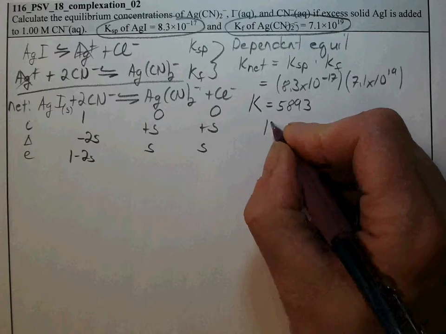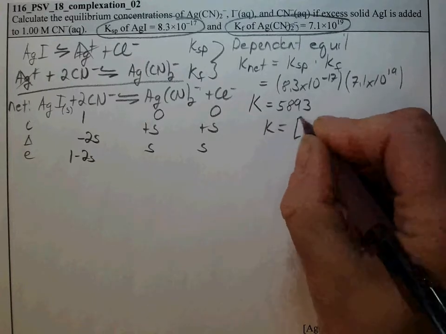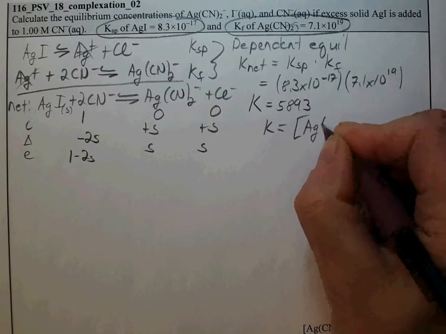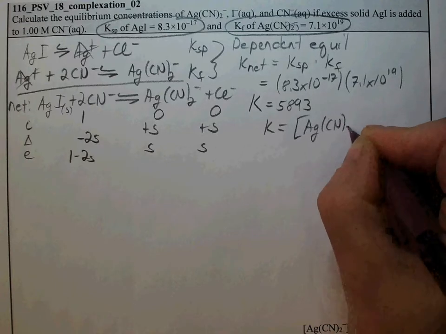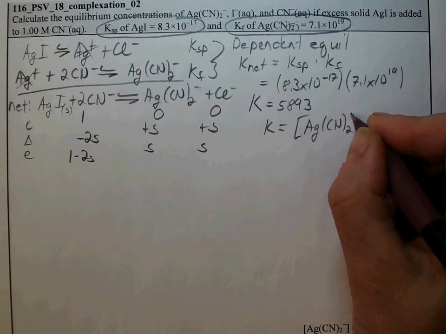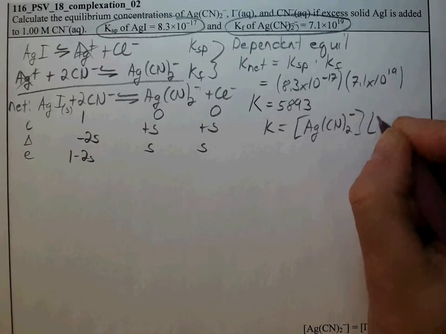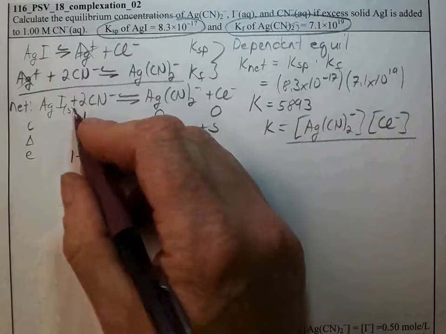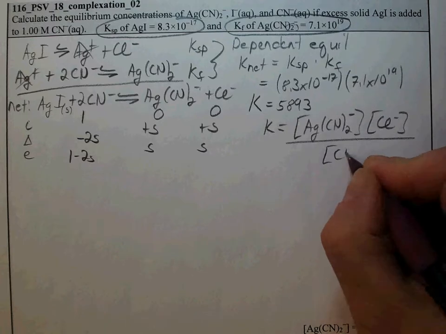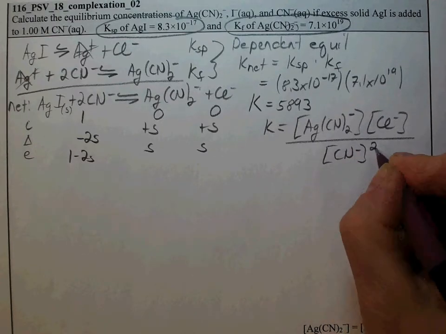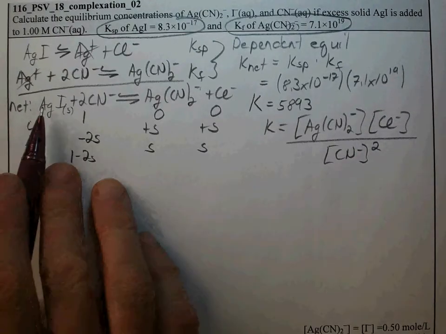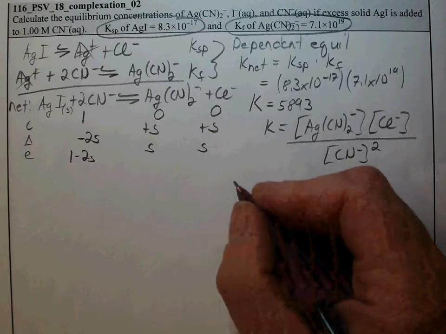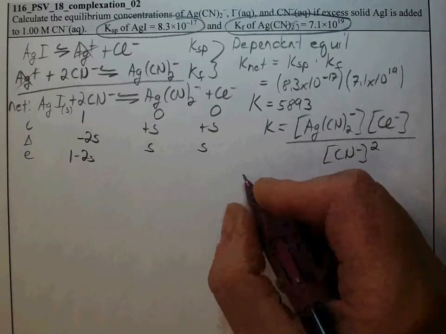So we know that K is going to be equal to our complex ion multiplied by our chloride ion concentration divided by the cyanide ion concentration squared, and the solid doesn't appear. So let's put in our values.